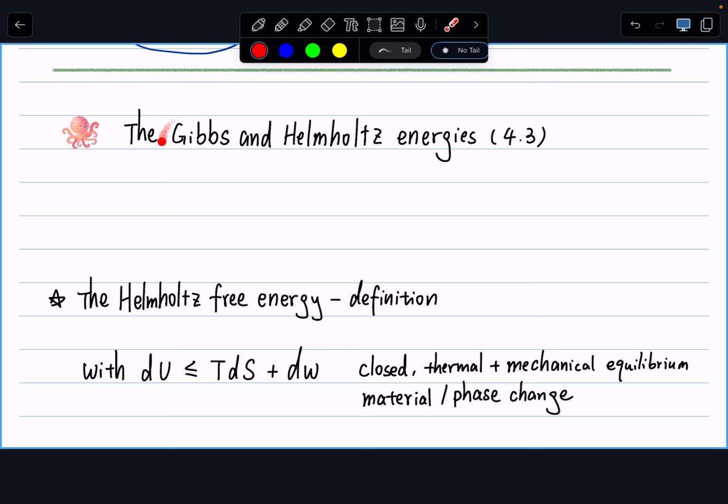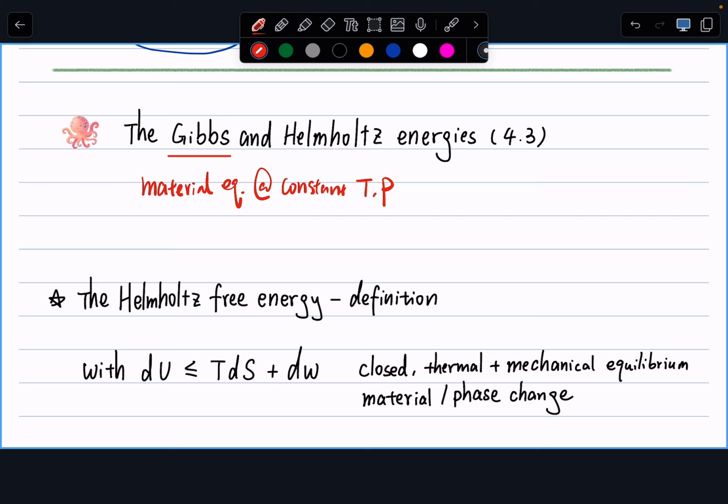So that's why we're defining the Gibbs and Helmholtz energy, whose value is directly related to material at equilibrium at different conditions. In this case, the Gibbs free energy is talking about material equilibrium at constant temperature and pressure, right? So it's a typical chemical reaction at 1 atm in a water bath.